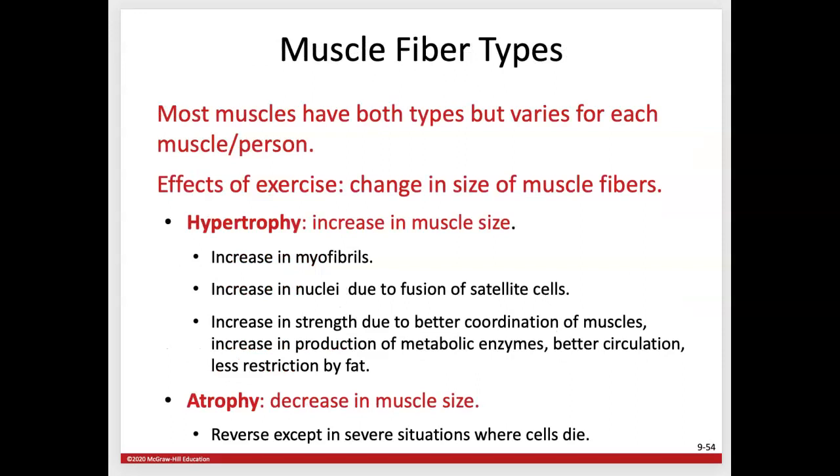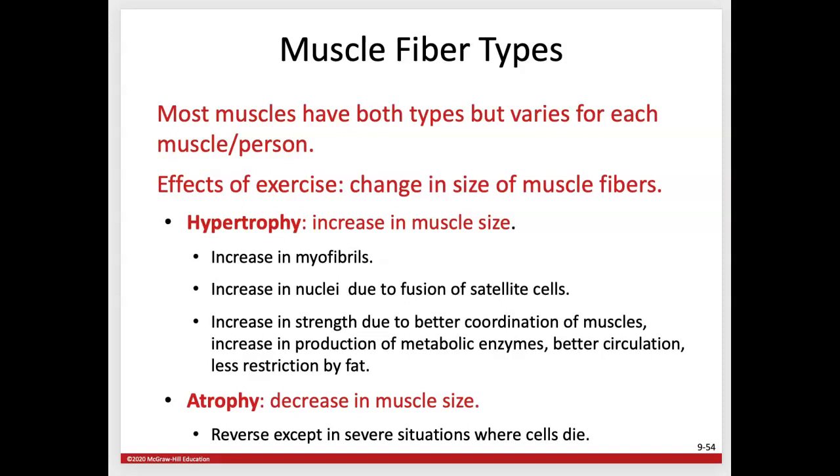All right, so most muscles have both types, but it varies for each person. Exercise will cause a change in the size of muscle fibers. Somebody that is doing a lot of exercise, a lot of weight training, a lot of running, we're going to refer to their muscles as having hypertrophy. So there's an increase in myofibrils, I'm sorry, not necessarily an increase in muscle fibers.